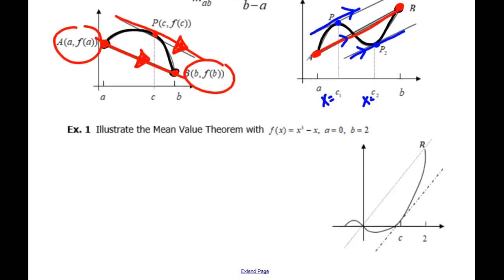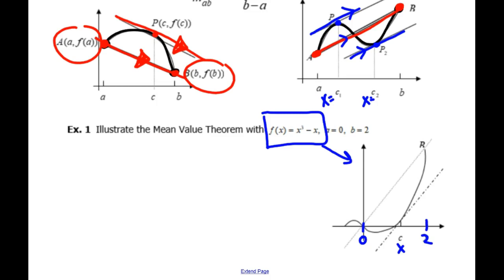If we want to actually find it, here's an example. We have this function graphed over here. We're going from x equals 0 to x equals 2. Those are our a and b numbers. We're going to find the number in between those where my secant slope and my tangent slope are parallel.